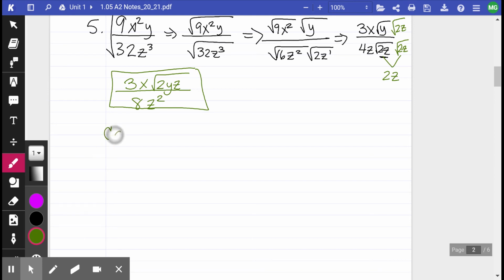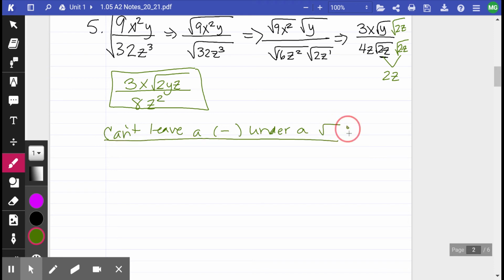Next rule. You can't leave a negative under a radical. And very exciting stuff right here, because we are going to introduce a new concept. Until now in math, you just knew that you couldn't have the negative. You didn't want negatives under the radical. But now we're actually going to go into a whole new part of our number system, which is imaginary numbers.